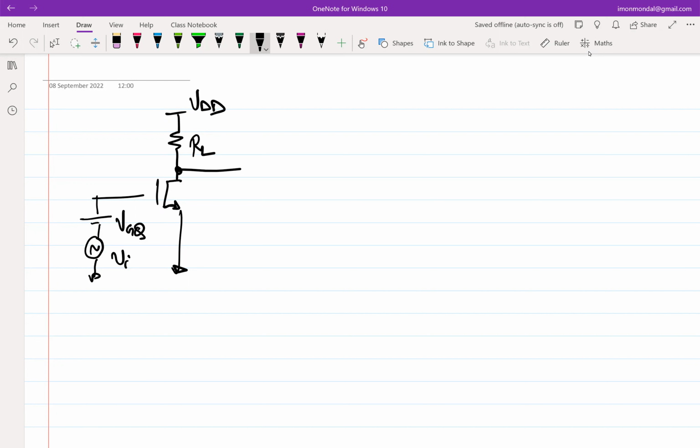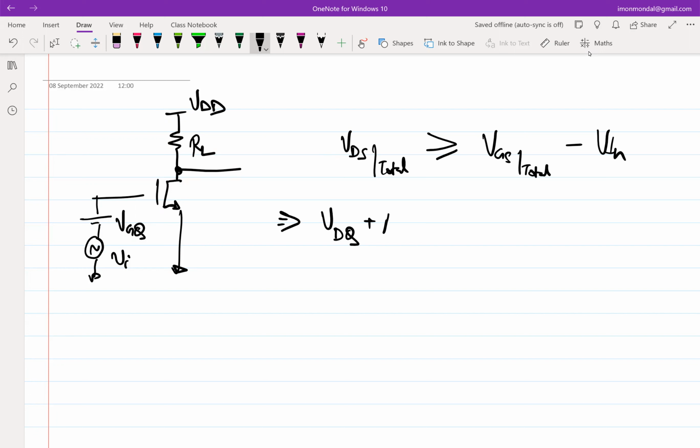And for that, what we did, we said that VDS total should be greater than or equal to VGS total minus threshold voltage. So what is VDS total? This is quiescent plus the relationship between input and output, which is gain, AV times VI.